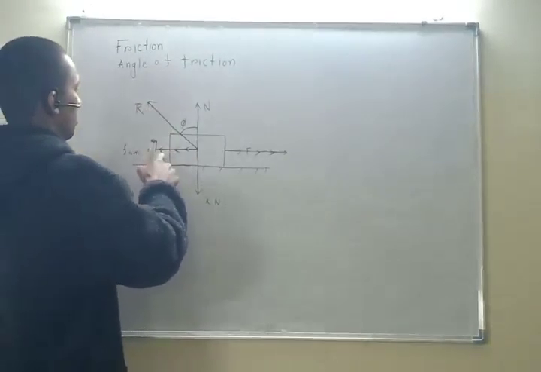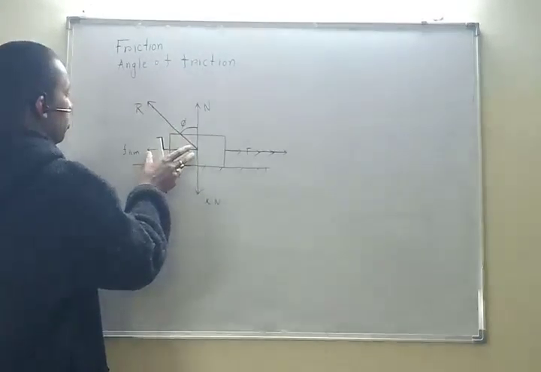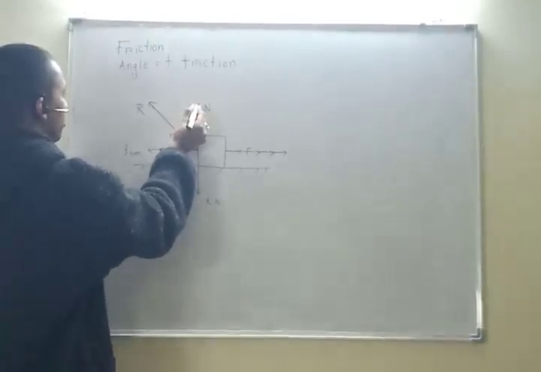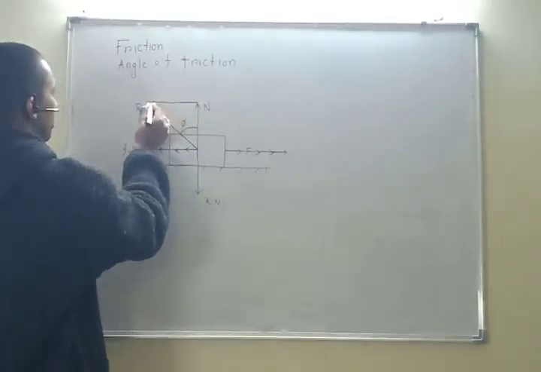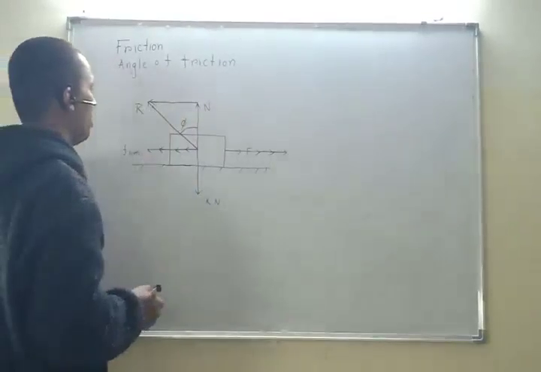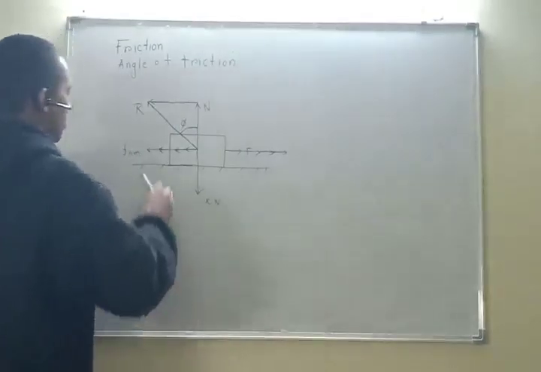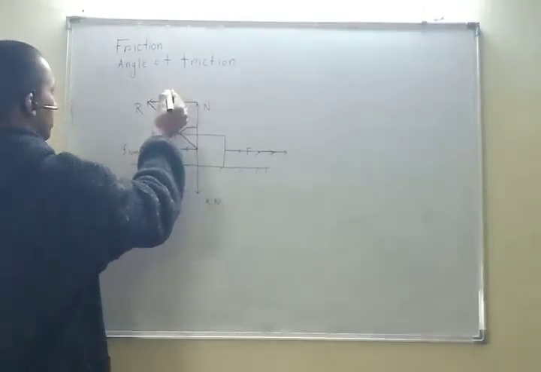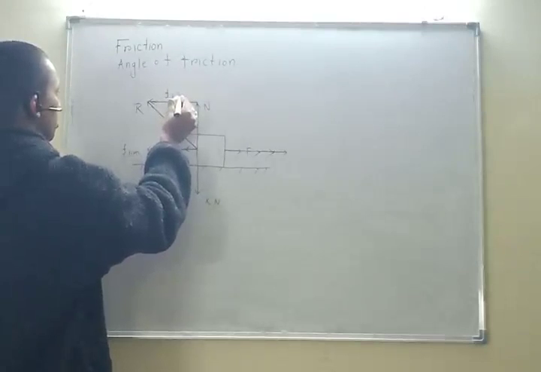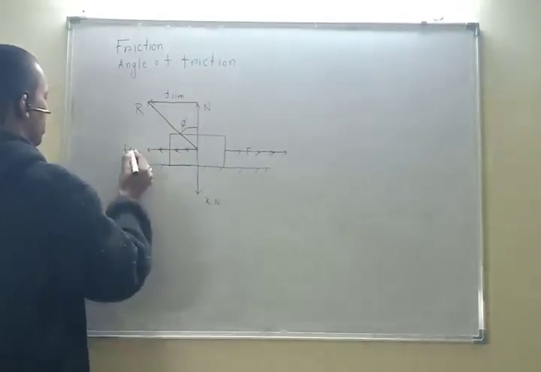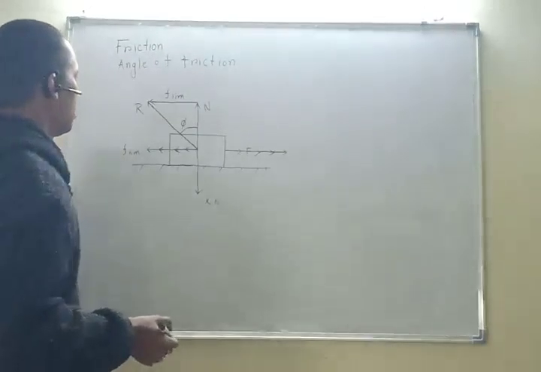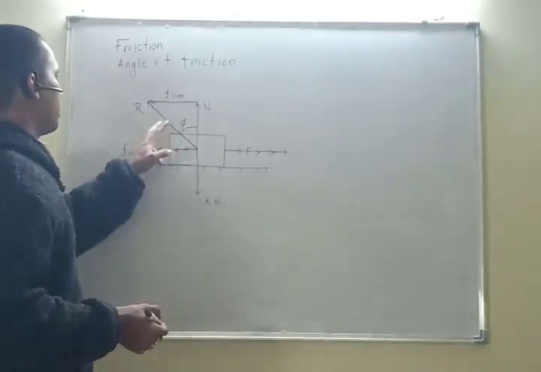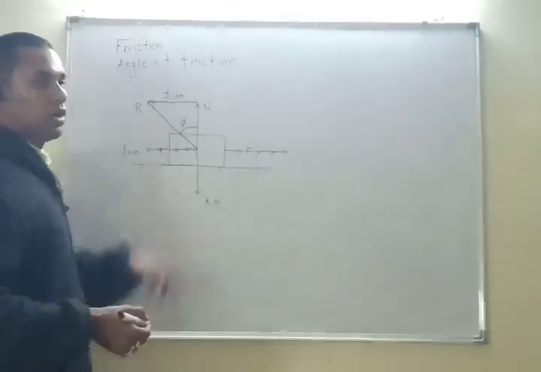If I put this value in here, then this is F limiting. Then the angle between the resultant and the normal is called angle of friction.